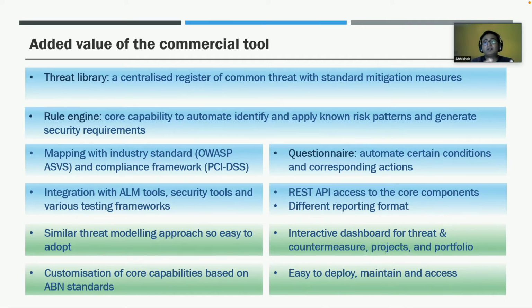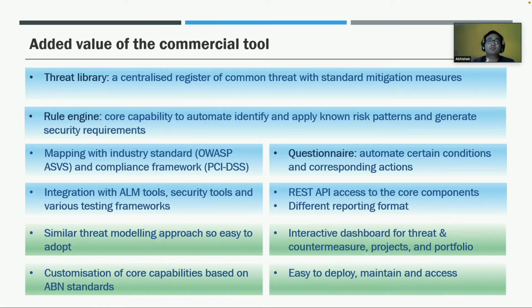So it also integrates well with various testing frameworks, so that teams can rely on their unit testing rather than waiting for a pen test to go further. And it also provides the REST API to access the core components, and we can also create our custom dashboard using this API.